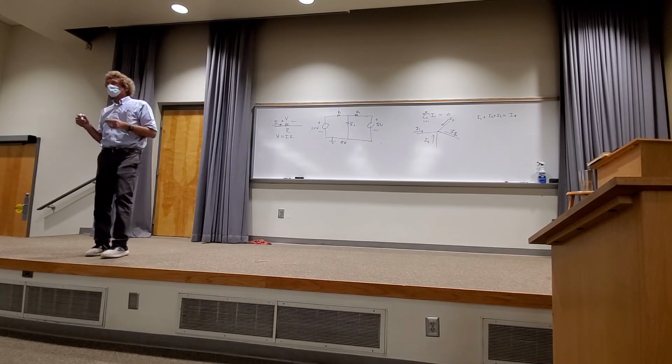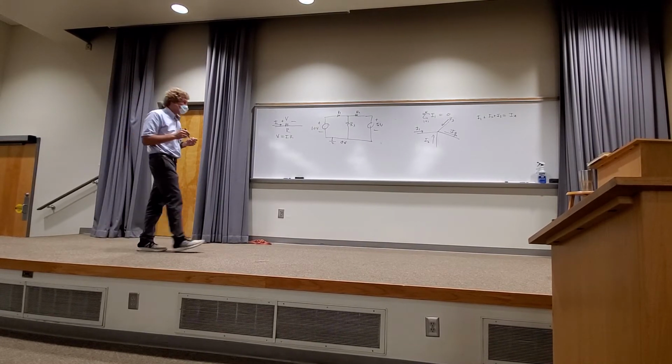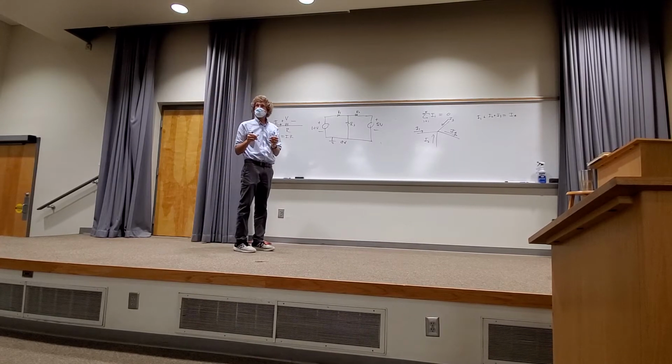So now I'm going to use Kirchhoff's current law to show you how to solve these problems where all the voltages are referenced to ground. I'll make sure I cover this thoroughly, all right?